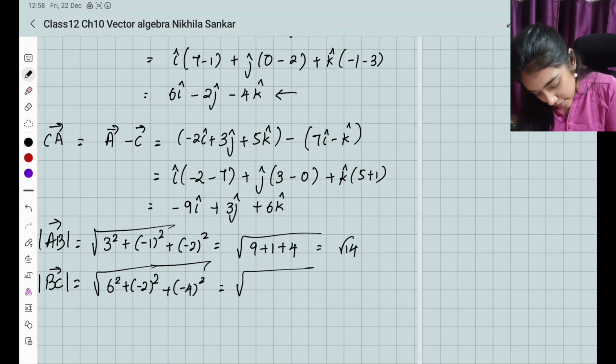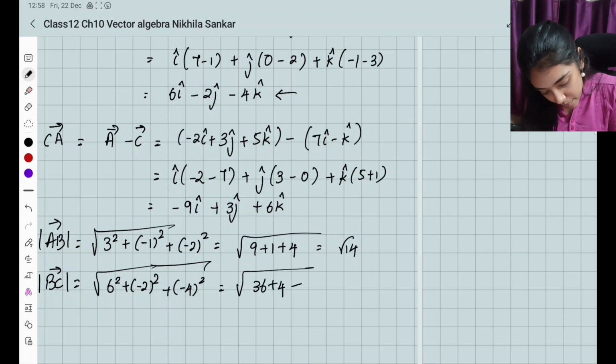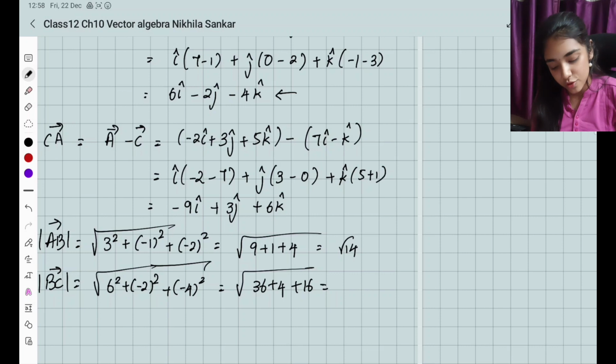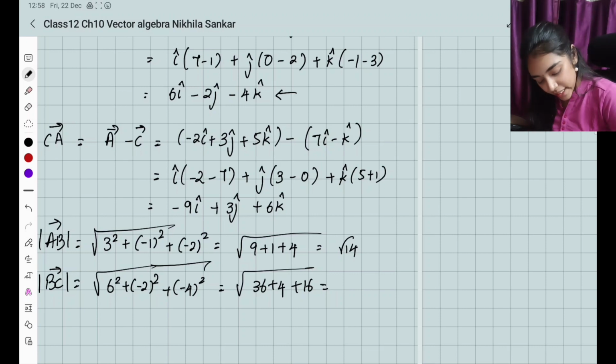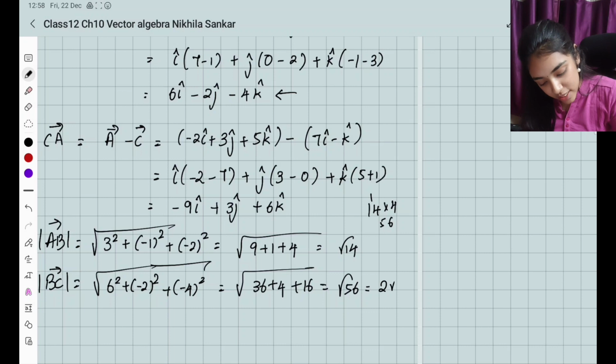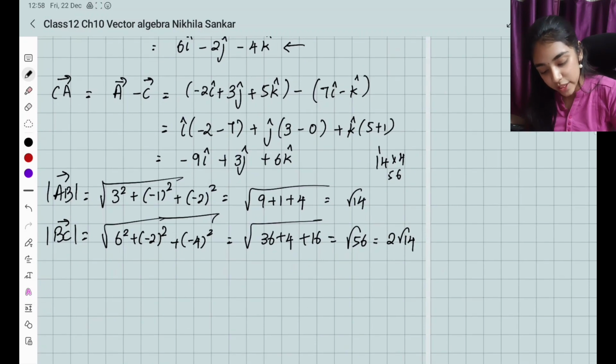So I have the square root of 36 plus 4 plus 16, which is 40, 40 plus 16 is root 56. Root 56 I can write as 14 into 4, 4 4s are 16. So this can be written as 2 root 14. Taking 4 outside the square root, it becomes 2.